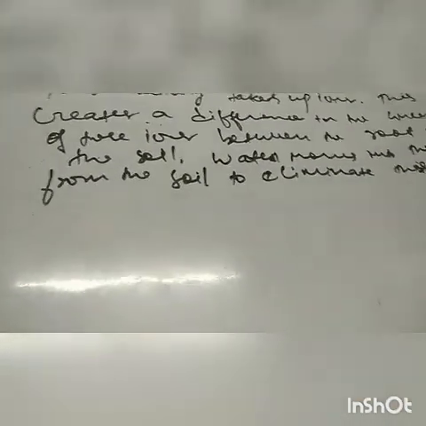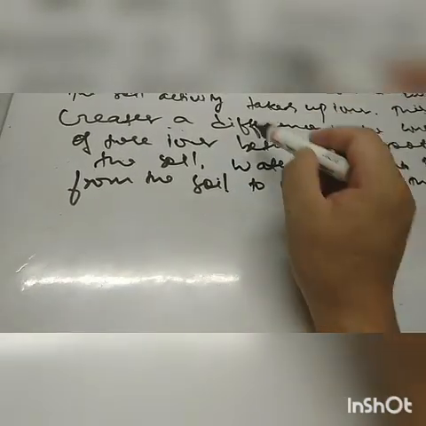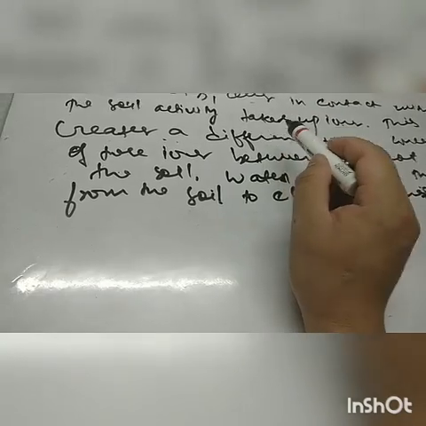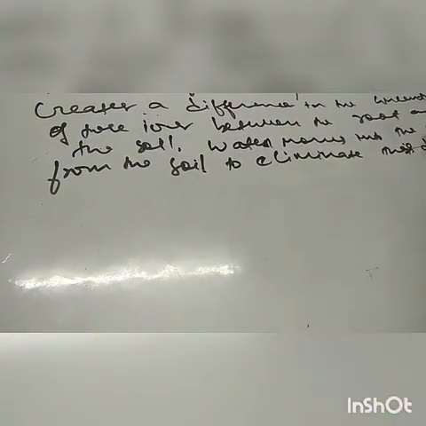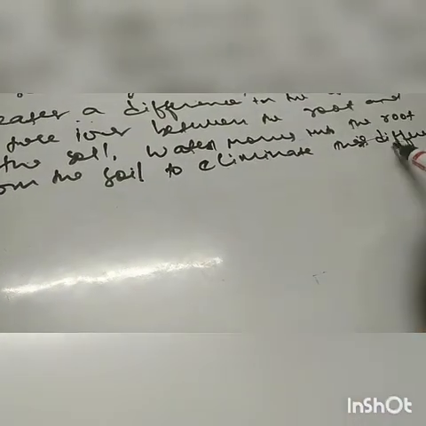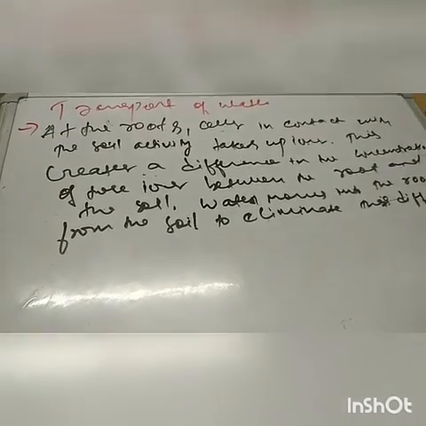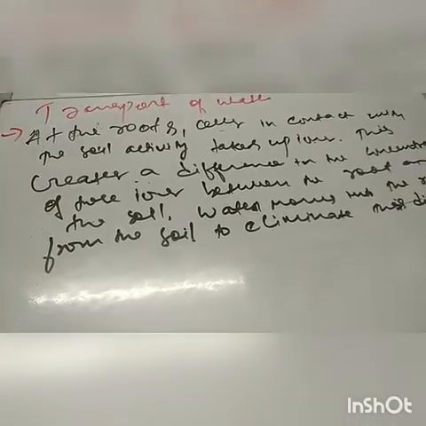So the water moves into the root from the soil to eliminate this difference. I hope you're clear with this point. This is very, very simple. You should know this point.